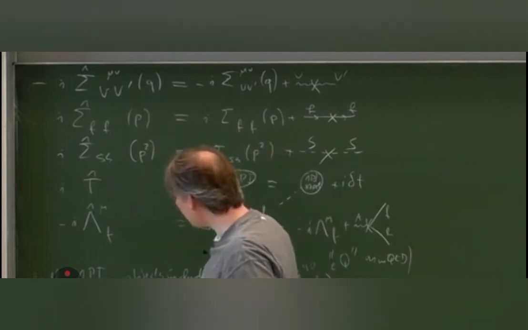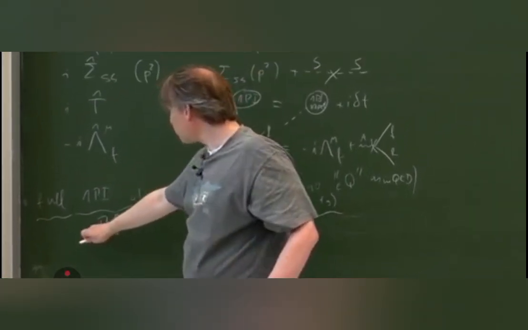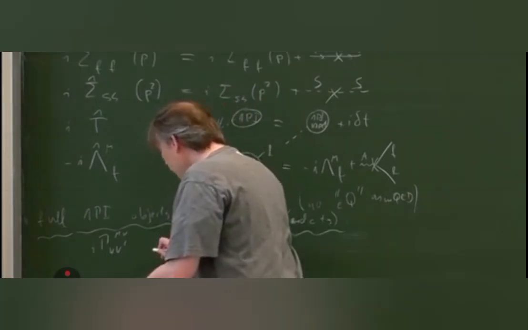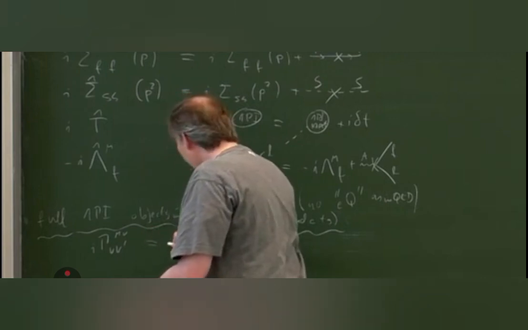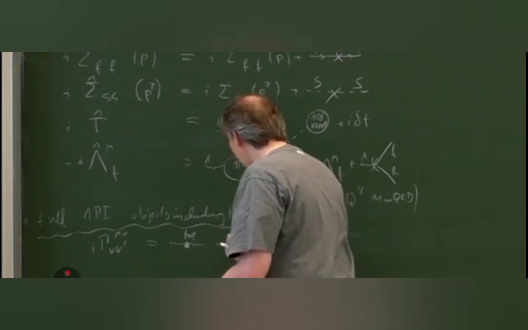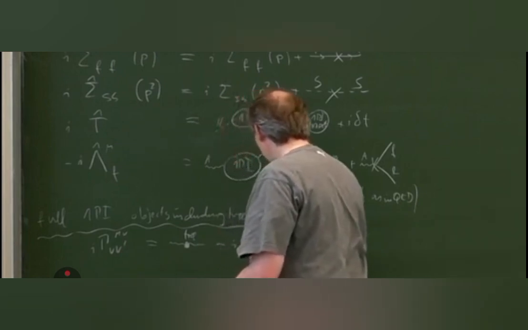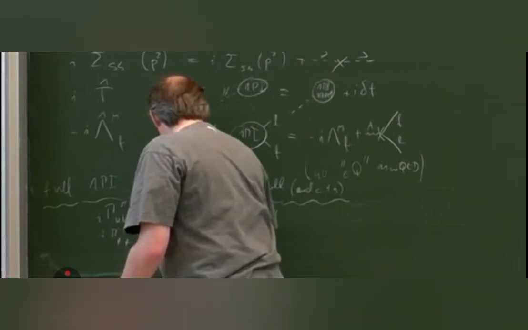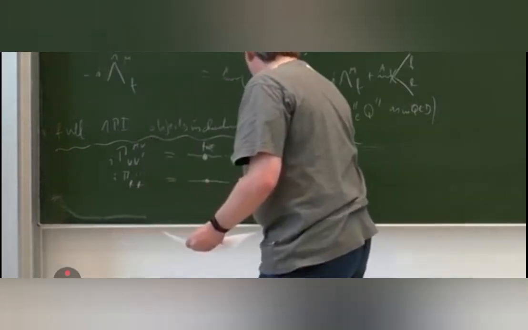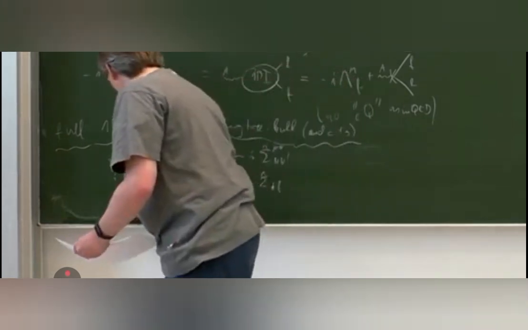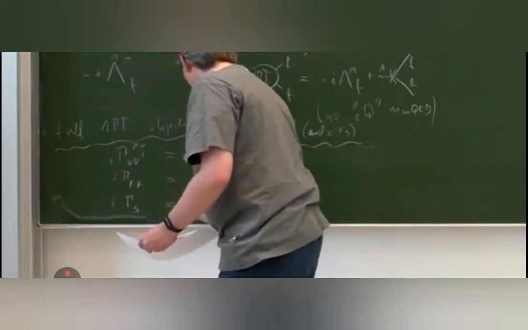Now all 1PI objects are defined with plus i gamma in front, and they involve tree level and all the necessary loop corrections. That would be given by this tree-level term coming from the Lagrangian, minus i times sigma hat mu nu V V prime and so on. i times gamma F F would be given by this tree-level term plus i sigma hat F F and so on. i gamma S is analogous, I hope.